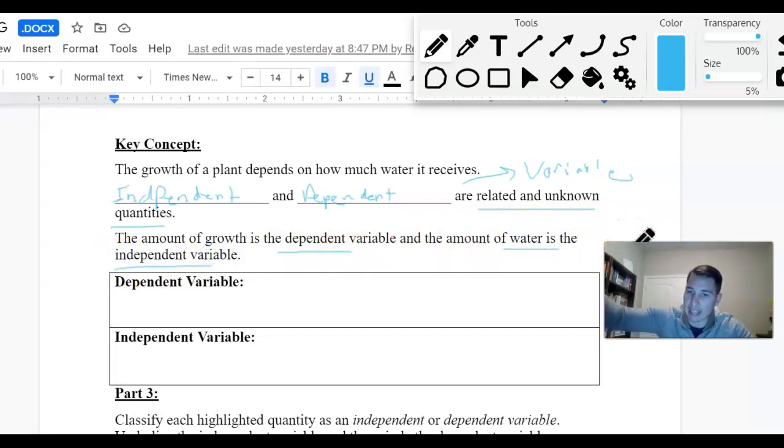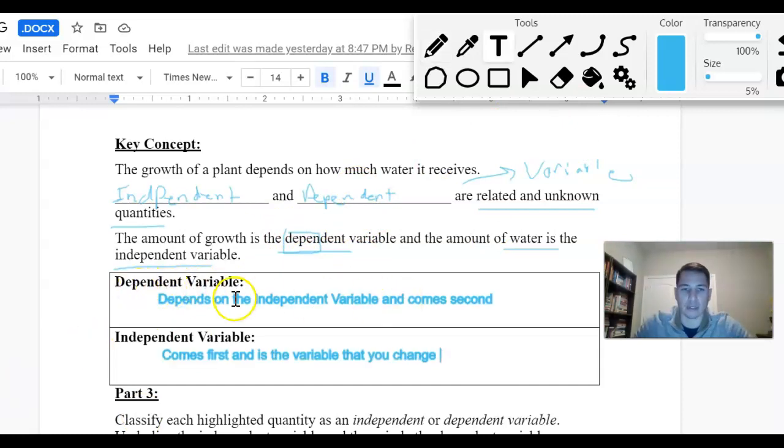What we put in there comes first. And then the dependent variable is the growth. How much does that tree grow? So the amount the tree grows depends on how much water. Okay, so dependent is your growth.